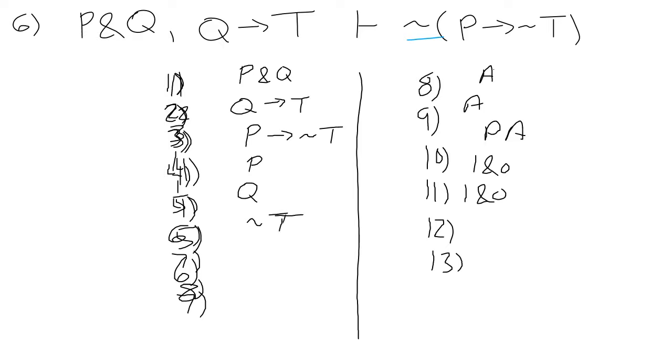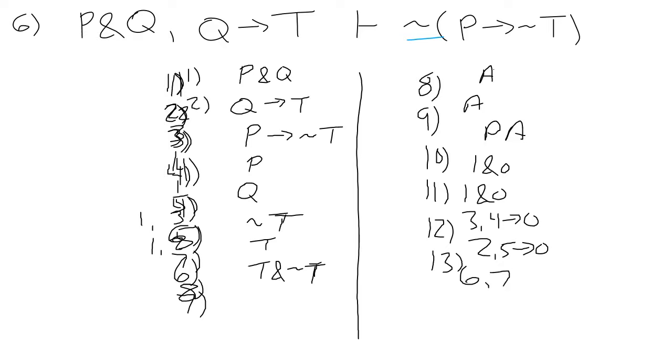We can do 3 and 4, arrow out, and we can do, let's see, 2 and 5, arrow out to get D. Then we can build our contradiction, doing 6 and 7, ampersand in.